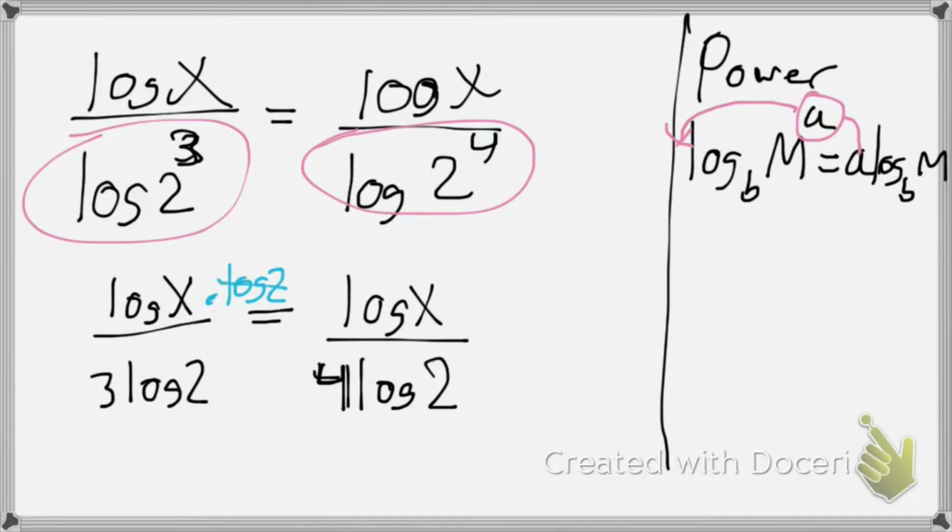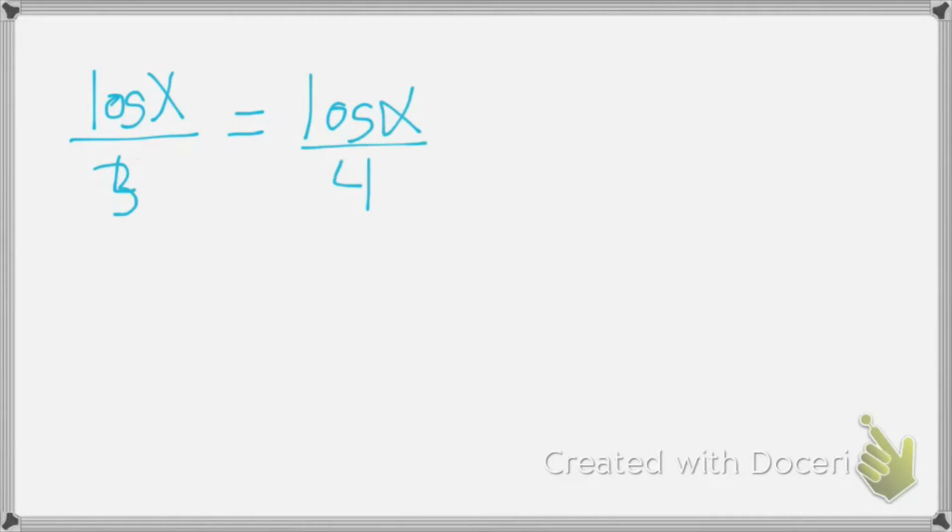So the log of 2 cancels on the left hand side, and the same goes on the right hand side. This turns out to be log base 10 of x divided by 3 equals log base 10 of x divided by 4.